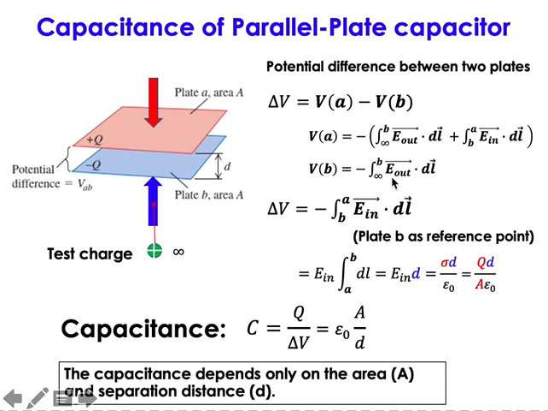This is because the electric field outside the parallel plate is 0. Also, this is 0. So only this term remains. We can write like this.